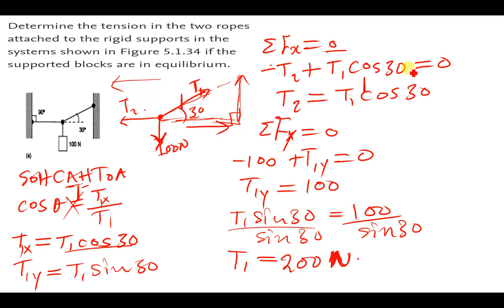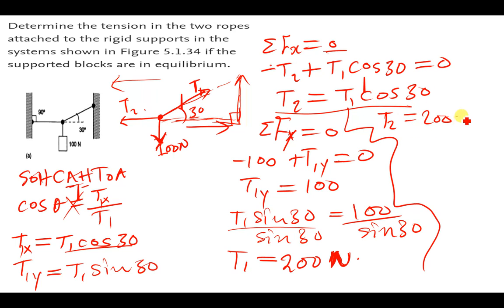So let us now find T2. T2 is given by this formula, so just replace T1 there. To find T2, we're going to say T1 cos 30, which is 200, which is T1, times cos 30. So T2 will therefore be equal to 173.2 newtons.